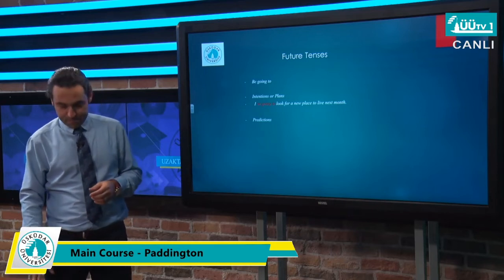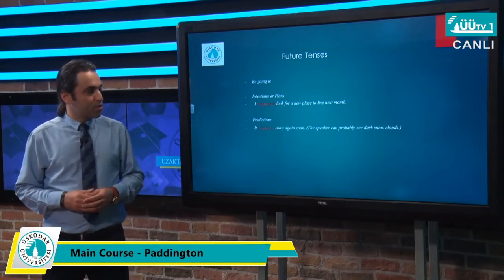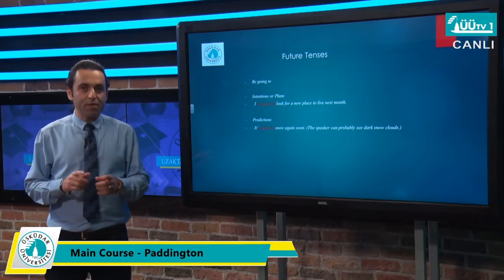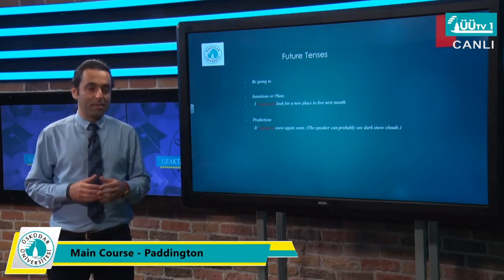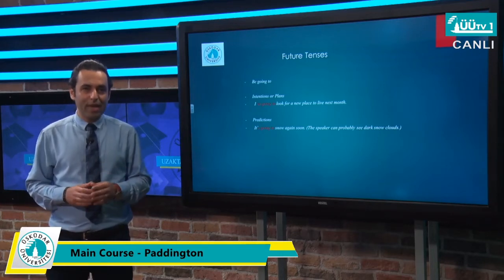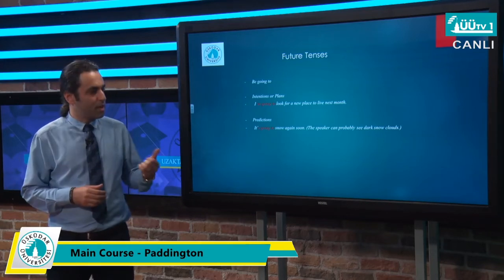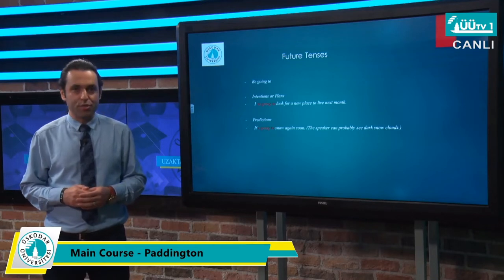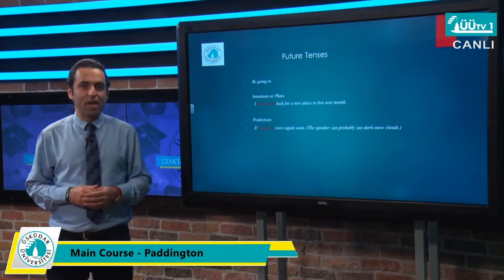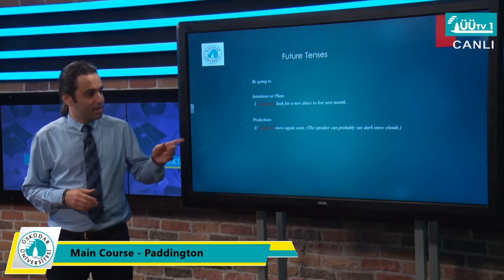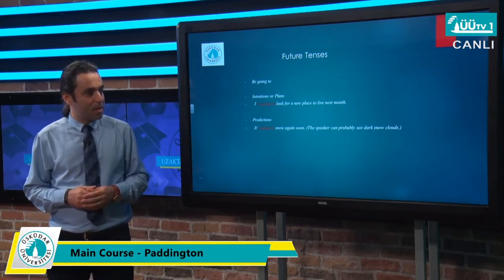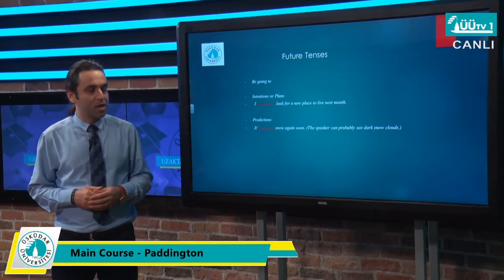The example: it's going to snow again soon. If you remember, in the first part with will, we had the same sentence about the weather: it will snow. But here we have it's going to snow again soon. Why have we used going to here? Because the explanation says the speaker can probably see dark snow clouds.